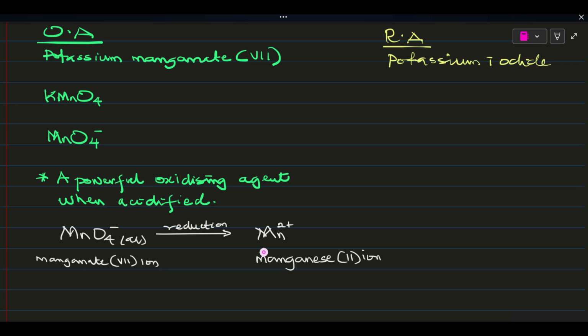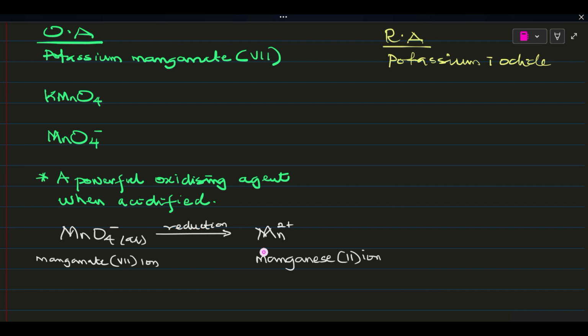So when it gets reduced by a reducing agent, it becomes manganese 2, Mn2 plus. So the oxidation state of manganese is 2 here and it is 7 here. Remember, an oxidizing agent can only react with a reducing agent.